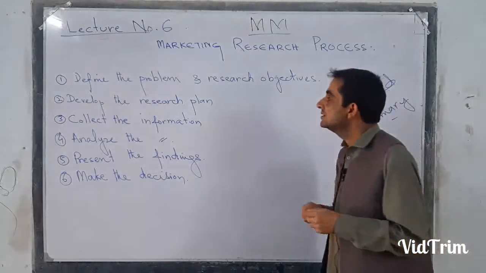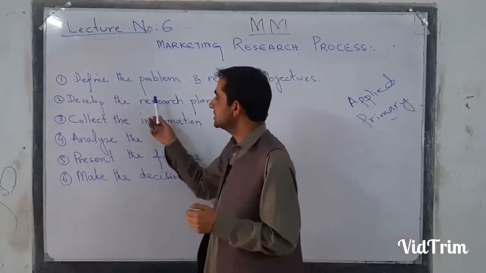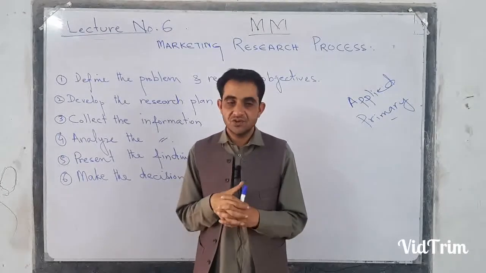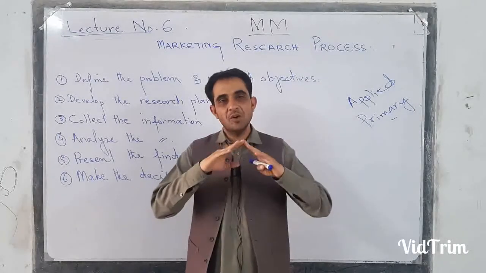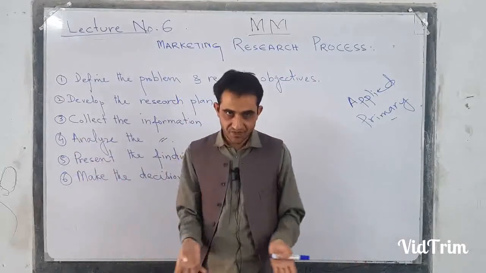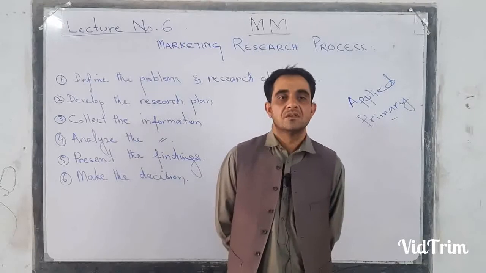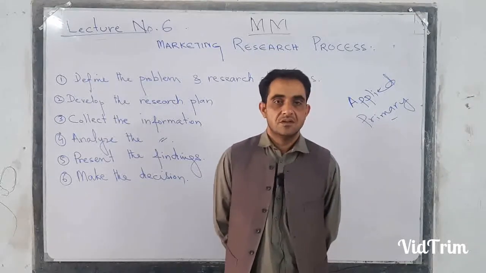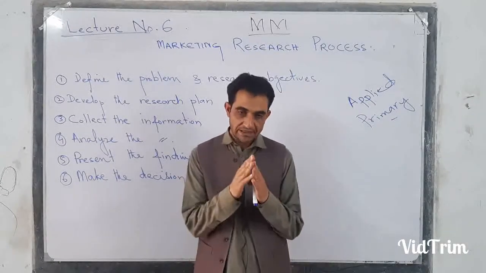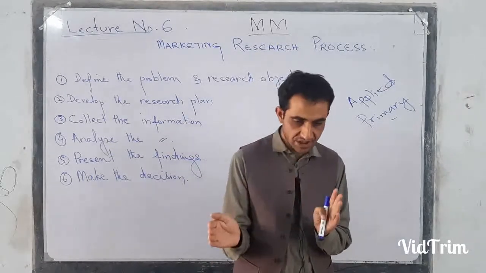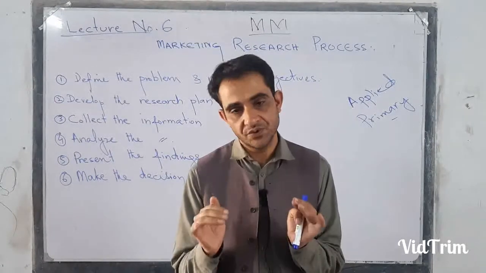In different books it is written that whenever you are defining the problem, you should not take a problem that is very vast. Be very specific to your problem. Don't make the readers as well as yourself very confused.